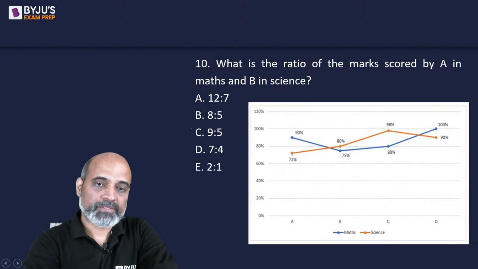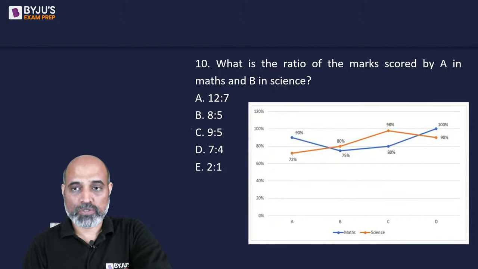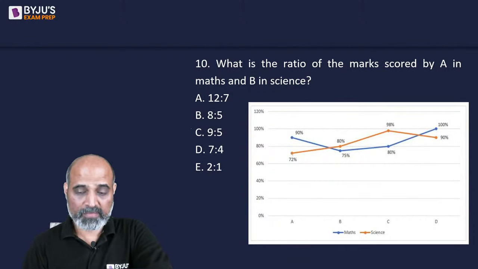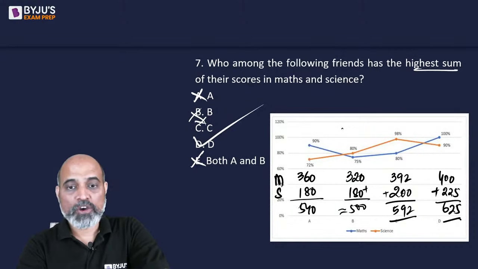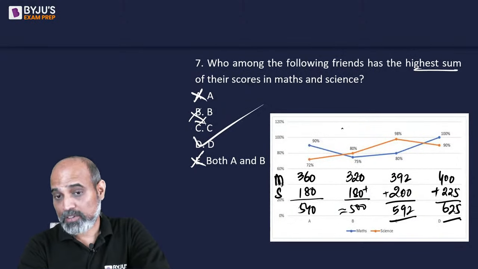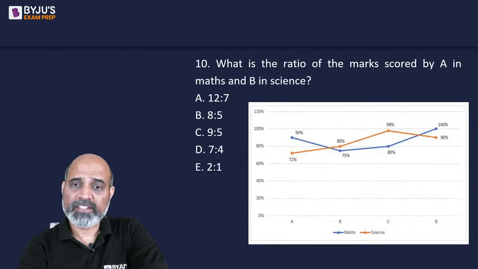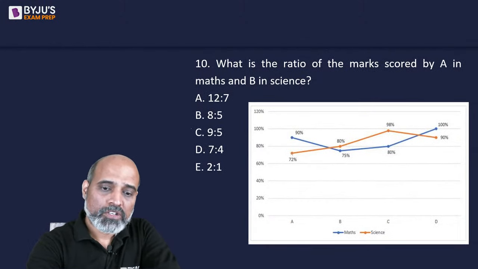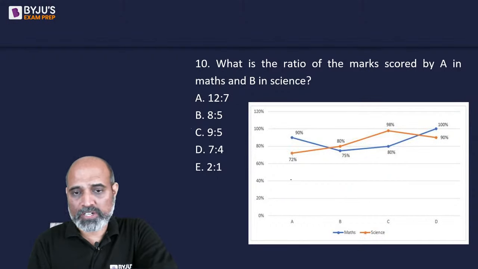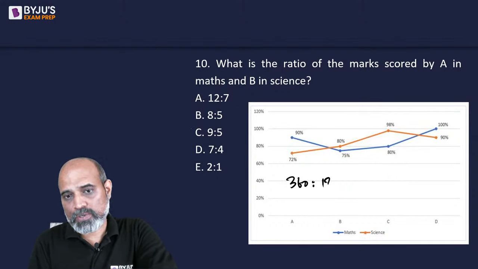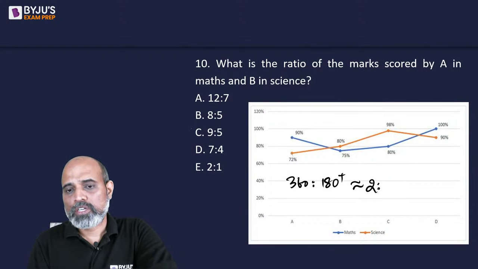Okay, the next one. What is the ratio of marks scored by A in maths and B in science? A को maths में 360 आया था और B को science में a little over 180 आया था. Right? So it was 360 is to a little over 180. So this should be very close to 2. ये 2 is to 1 है.